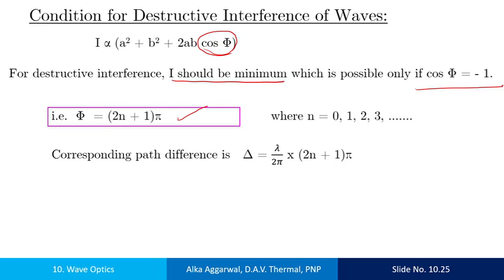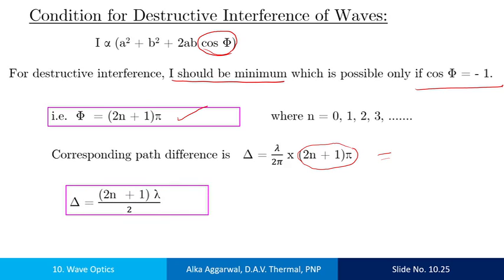Now in terms of the path difference, as the path difference is equal to lambda upon 2 pi into phase difference, for the destructive interference the path difference should be equal to 2n plus 1 lambda by 2.